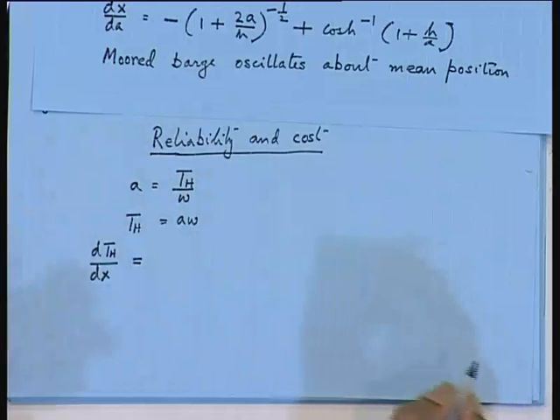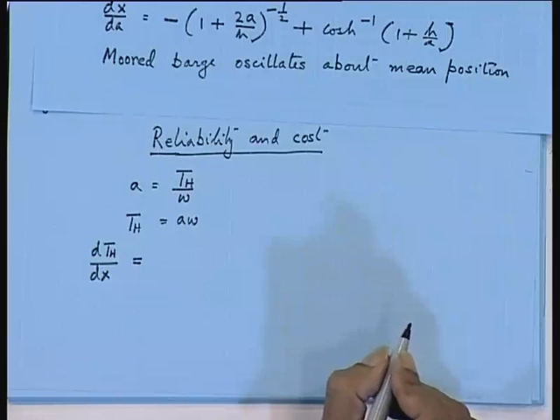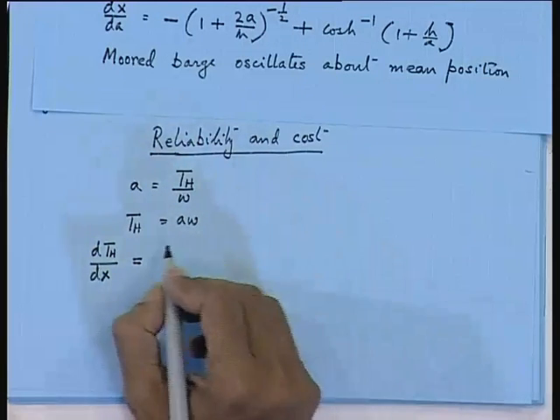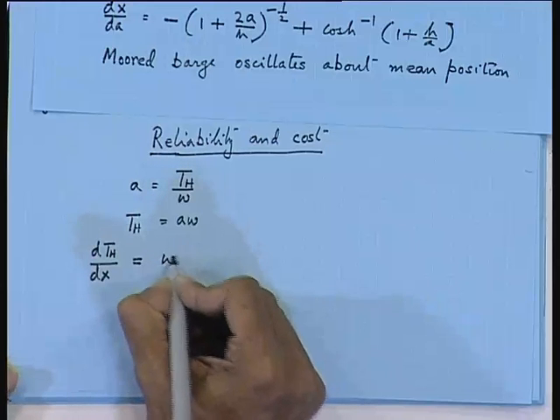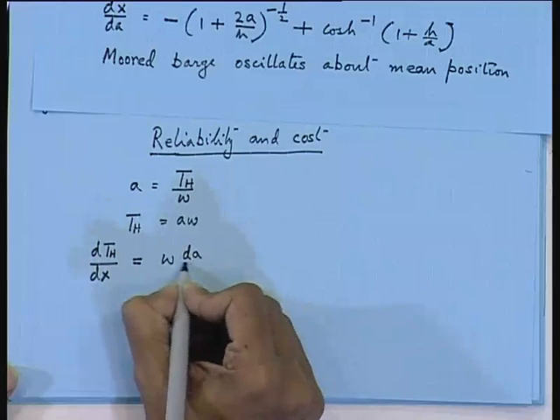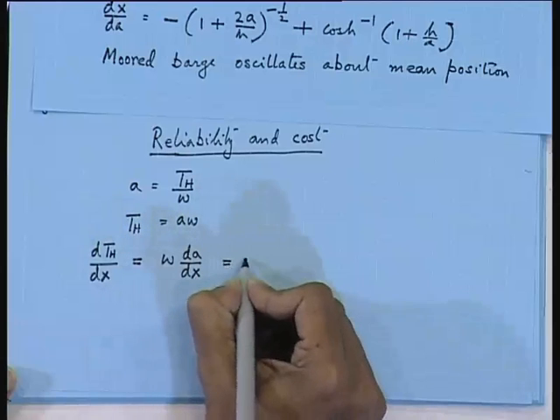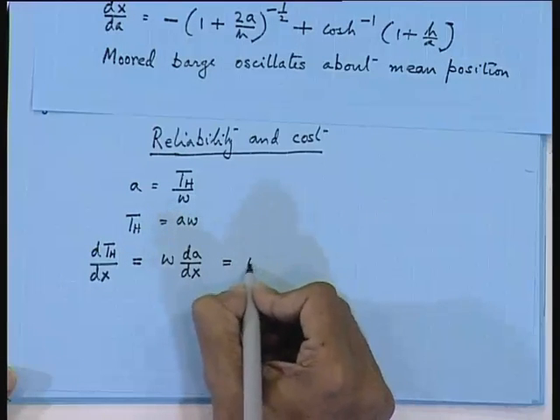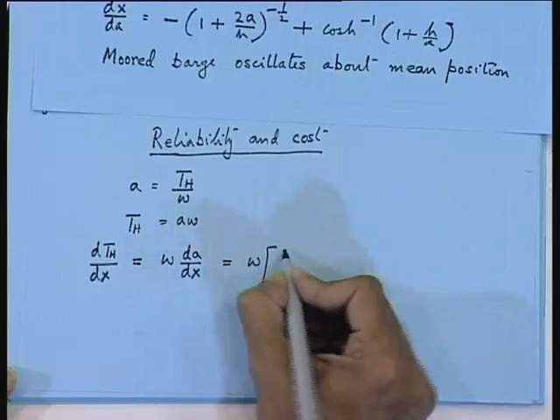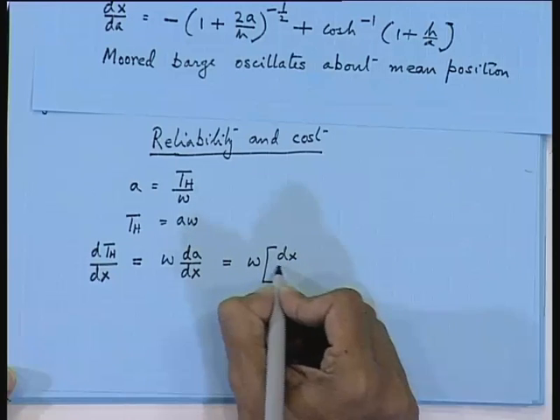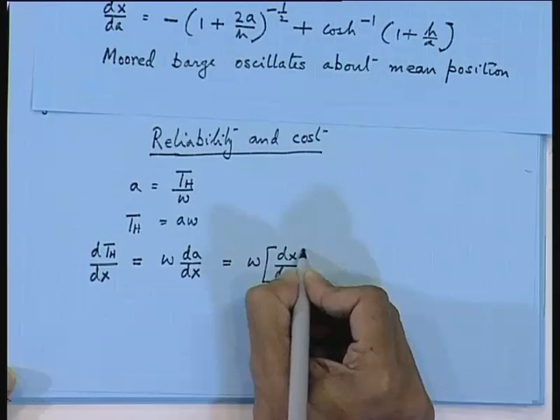Now your W is constant, so this is simple, W multiplied by dA over dx. Now this you can write as W multiplied by dx over dA to the power minus 1.